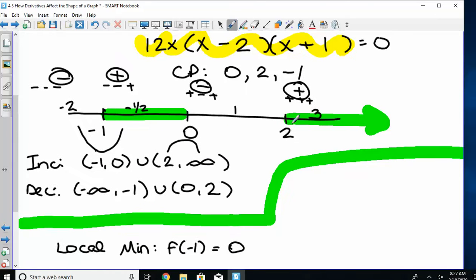Okay, I have one more point, 2. At 2, my derivative switched from negative, so decreasing, to positive. So decreasing and increasing, that means local min. So I have another local min.